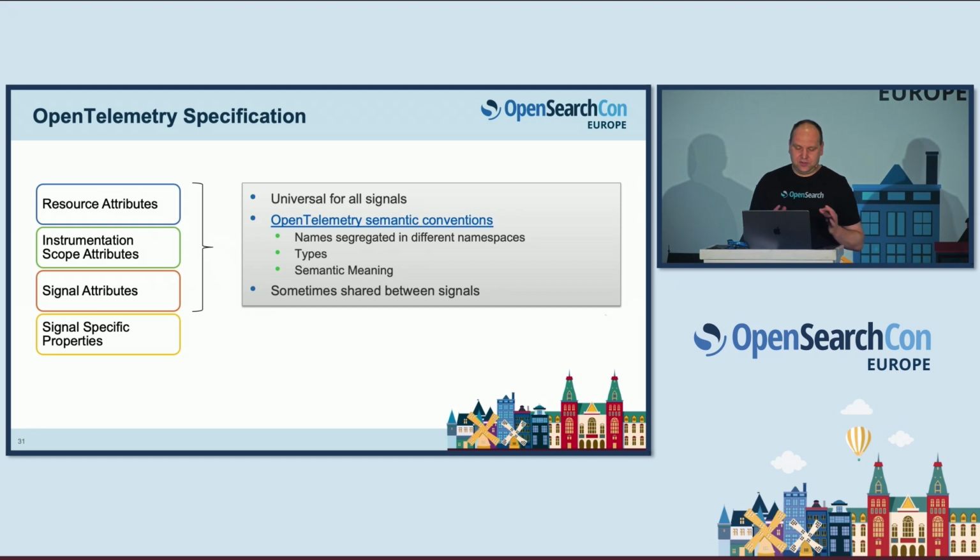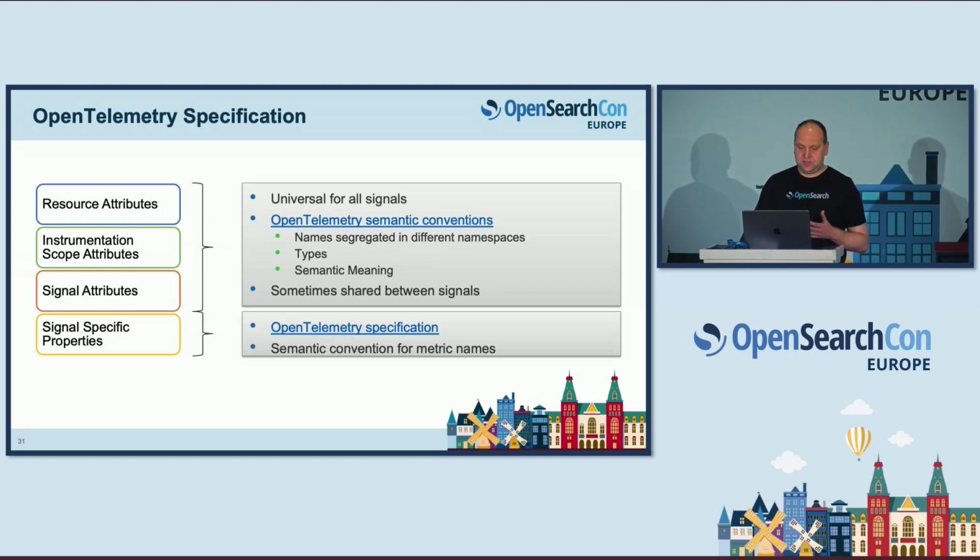And some of these signal attributes can be shared. For example, there's an HTTP namespace that contains attributes on requests and responses. That for sure can be shared on logs and spans. And then there are some signal-specific properties we saw for the logs. There's a specification that clearly states which ones those are, how they are called, what type they have.